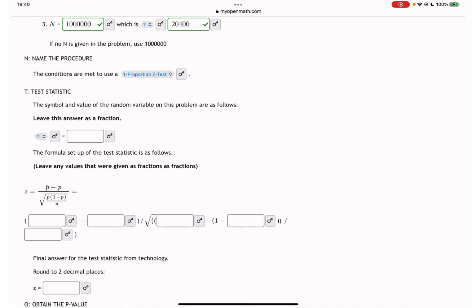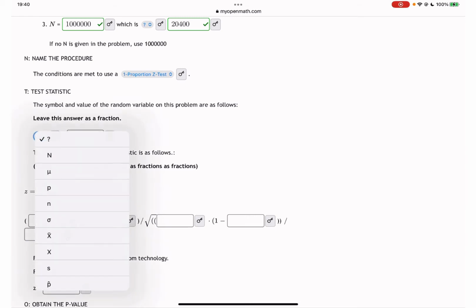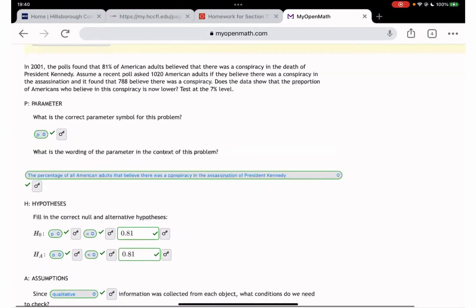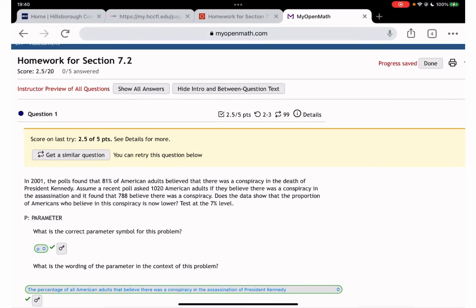The symbol and value of the random variable on this problem are as follows. Leave the answer as fraction. So, the value of the problem is going to be p hat, which is the proportion for the sample. To find the p hat, we're going to take sample size, which is going to be 1020, and divide by our population size, which is going to be 1 million.